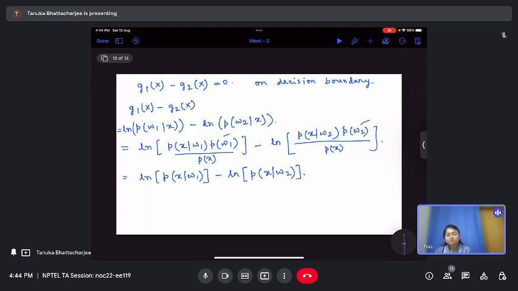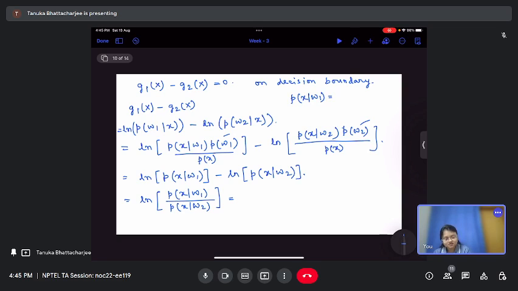Okay. Now these two class conditionals are given as normal distributions. So let's first simplify this even more. Let us first write the expression for normal density.